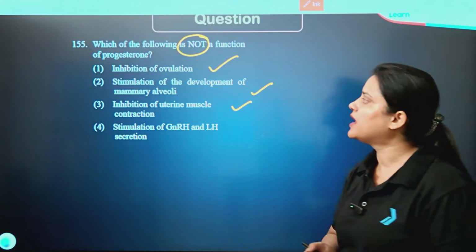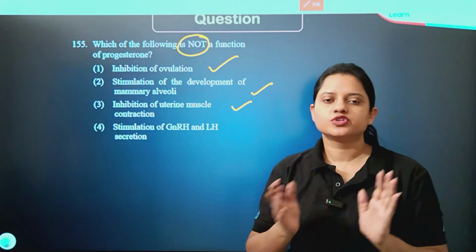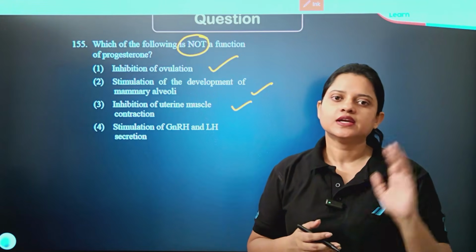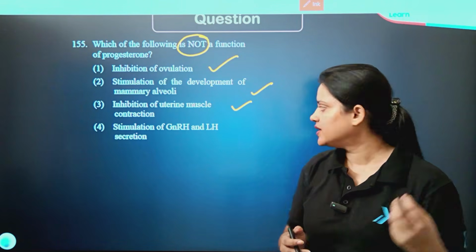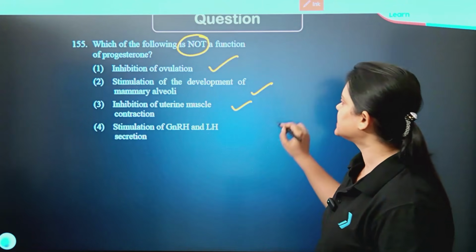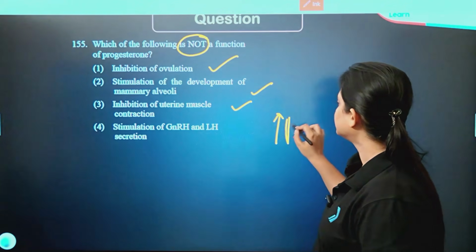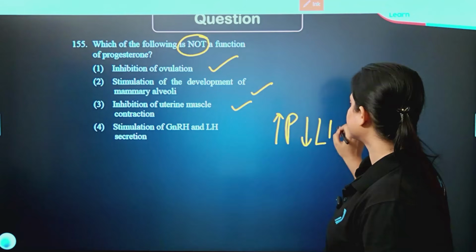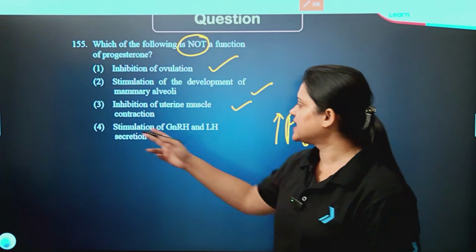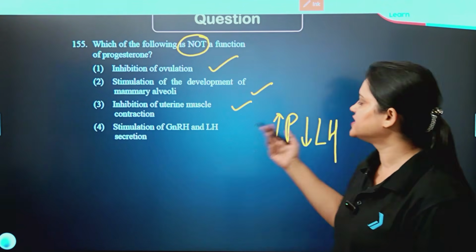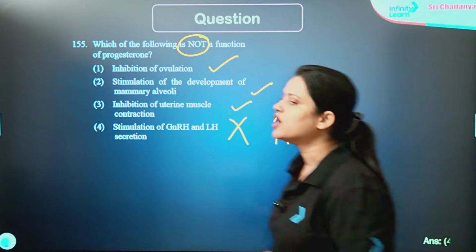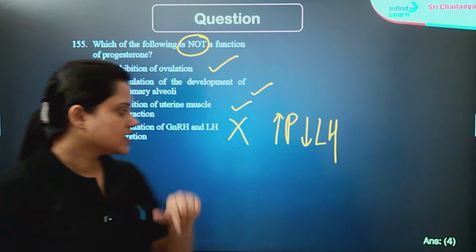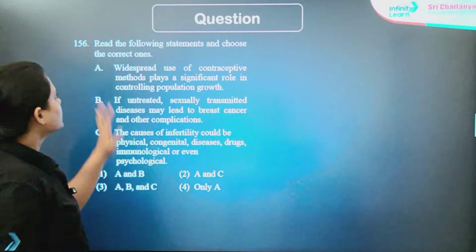So, when we talk about progesterone, progesterone is formed after the ovulation, which is because of LH, right? So, whenever there is increase in progesterone, there is reduction in LH, right? So, here it is saying that stimulation of GnRH and LH secretion, which is wrong. So, not a function of progesterone will be option 4. So, let's move on to our next question.